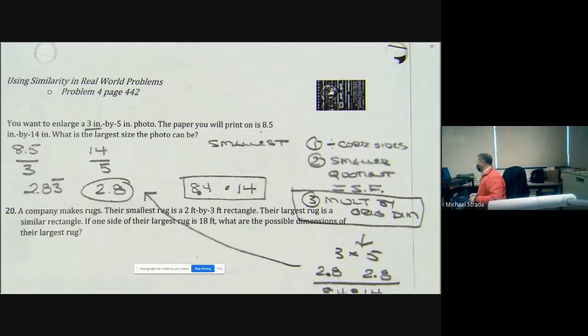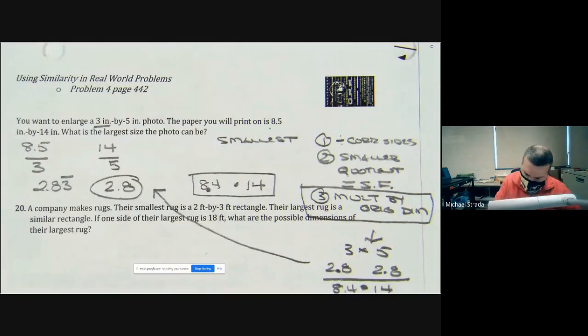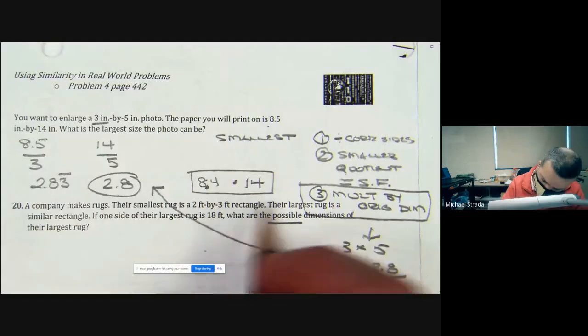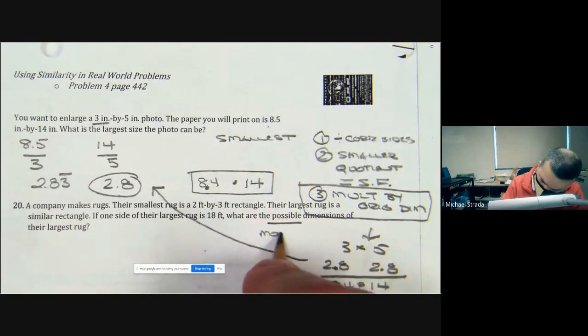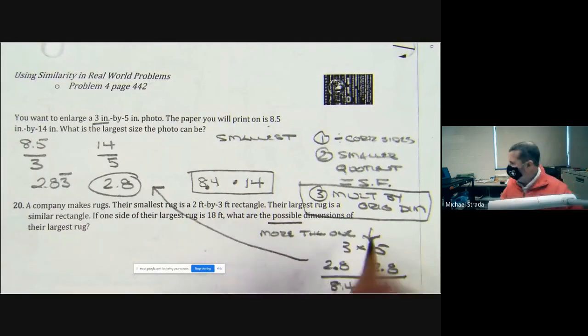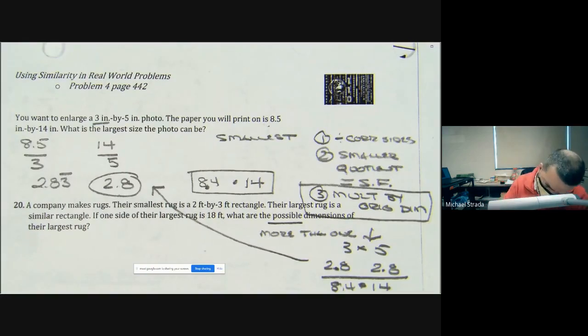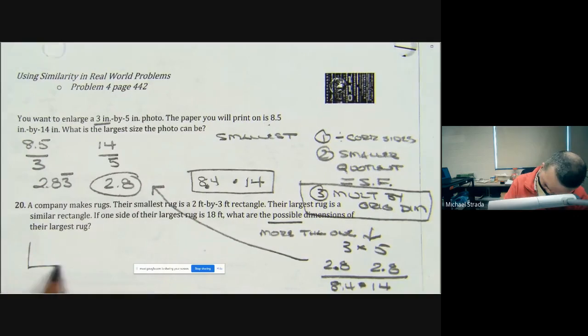All right. So as soon as you see possible, what does that mean? More than one. So here is, if you want to visualize, 2 by 3.